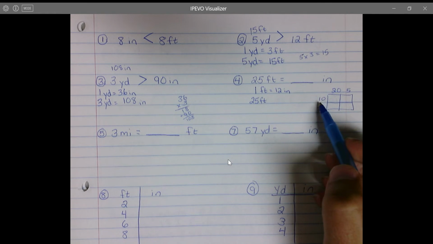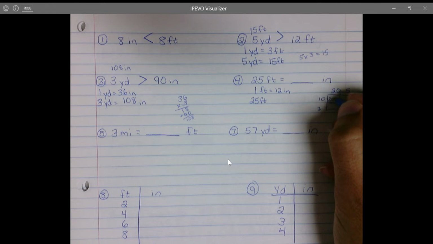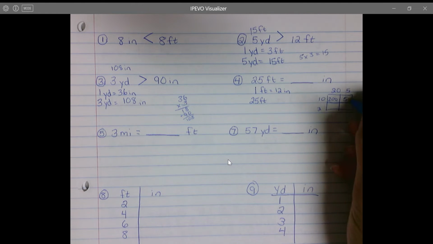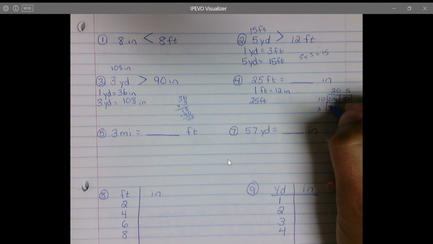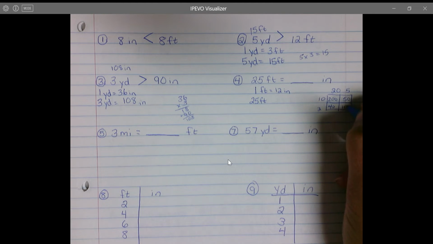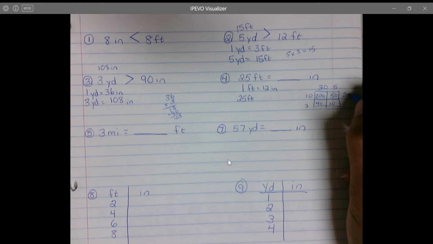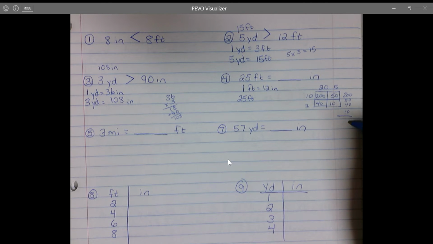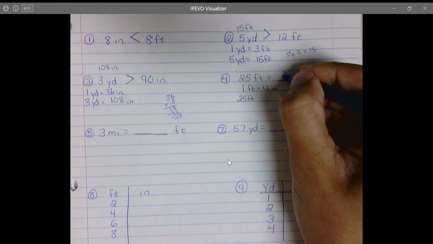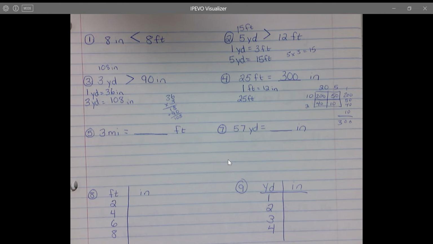I have 10 multiplied by 20 is 200. 10 multiplied by 5 is 50. 20 multiplied by 2 is 40, and 2 multiplied by 5 is 10. So now when I add all of these partial products together, 250, 40, and 10, we get 300. So we get 300 inches.